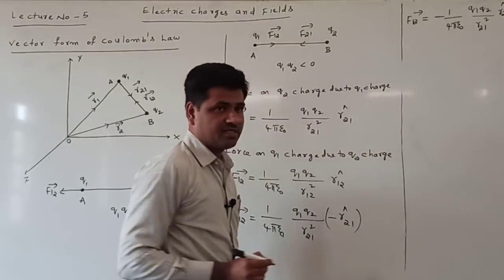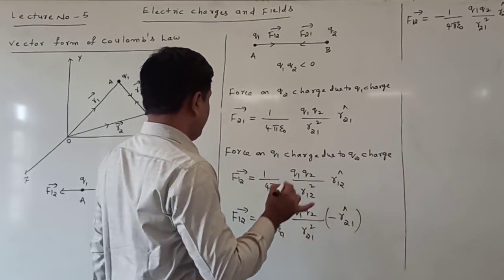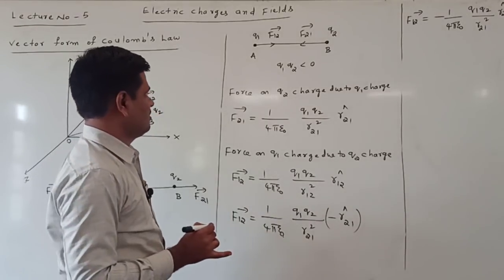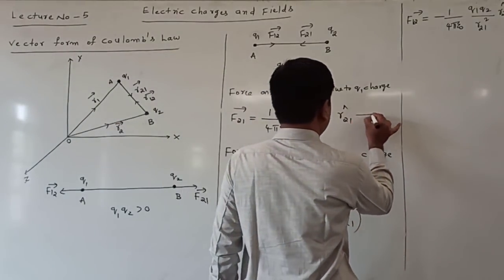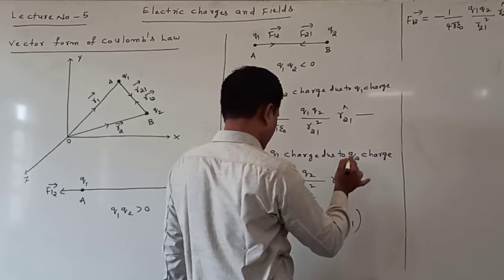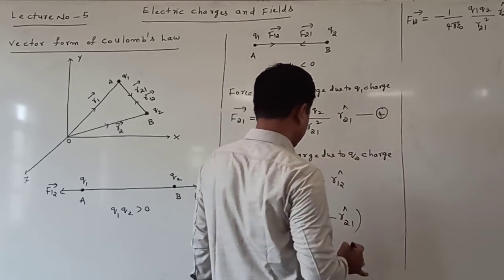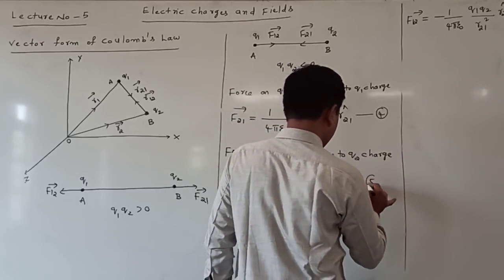Here minus taking front side. Now already 3 equations are over here. This is given as equation number 4. Now this is given as equation number 5.